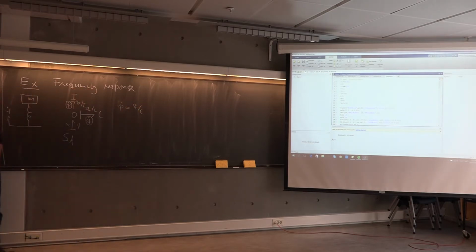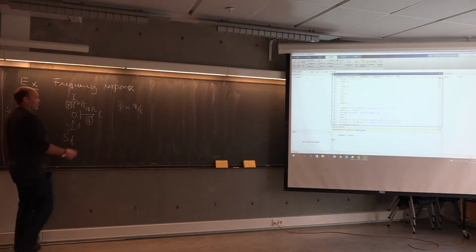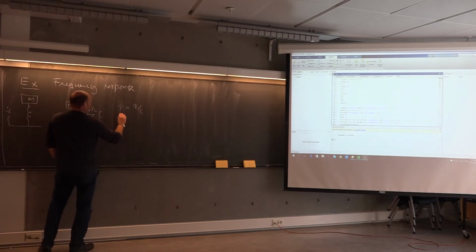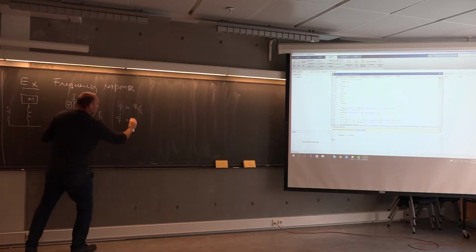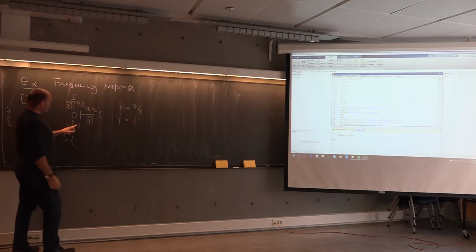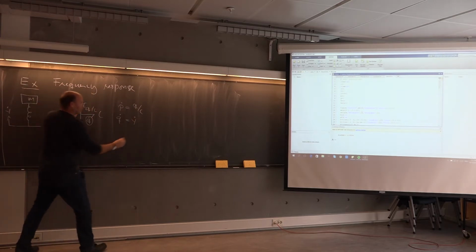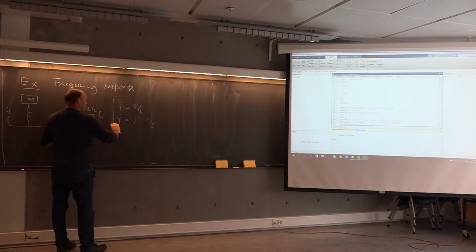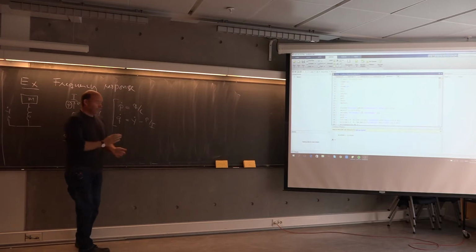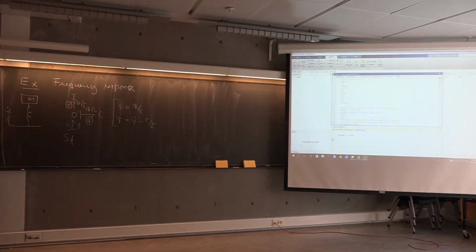The other equation you find by using the summation rule around the 0 junction: the sum of all flows has to be 0. So q dot goes out and equals what comes in. What comes in is the source minus p over I. So there you have your equations.